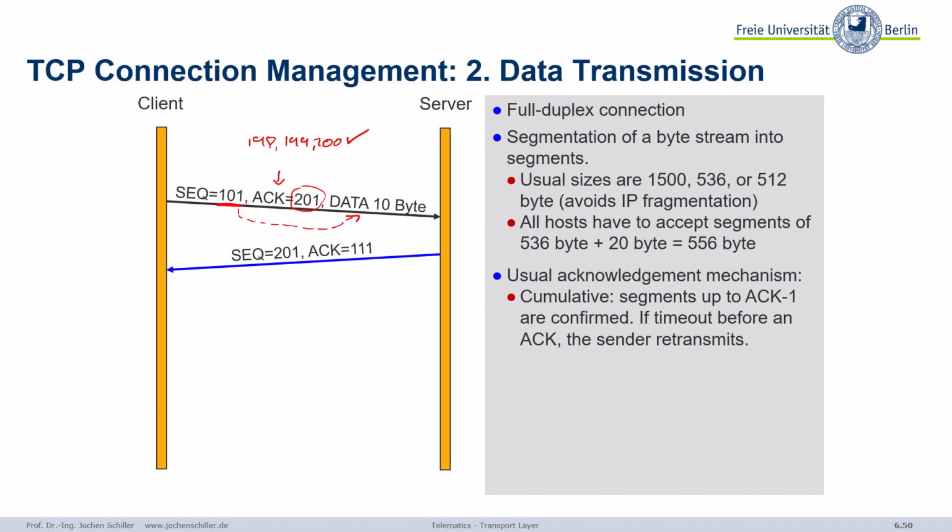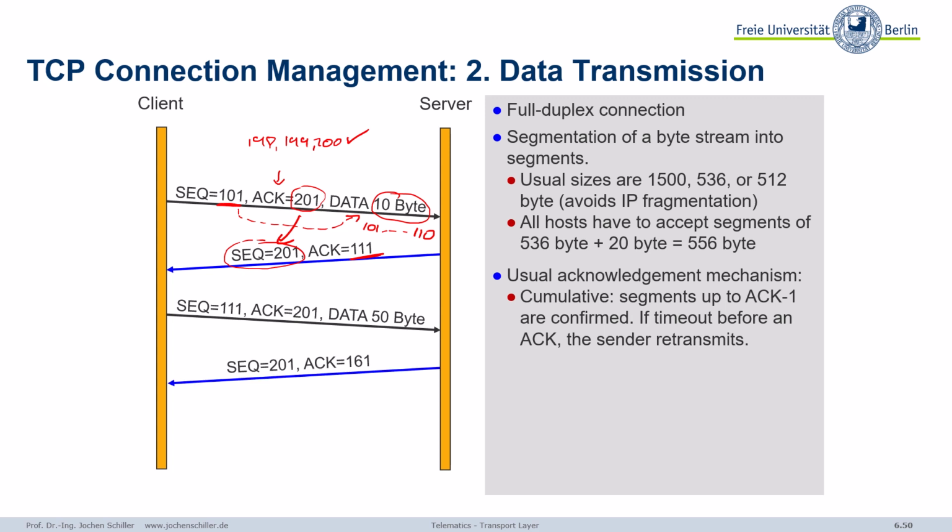But in our case, the server simply acknowledges the data and says, okay, look, this packet now has the sequence number as expected, and I acknowledge with 111 that I received exactly these 10 bytes, starting at 101 and going up to byte with the number 110, because 111 is the next byte I expect. And then I continue, send the next 50 bytes in this example, setting sequence number, acknowledgement number, and so on. So that's how it works.